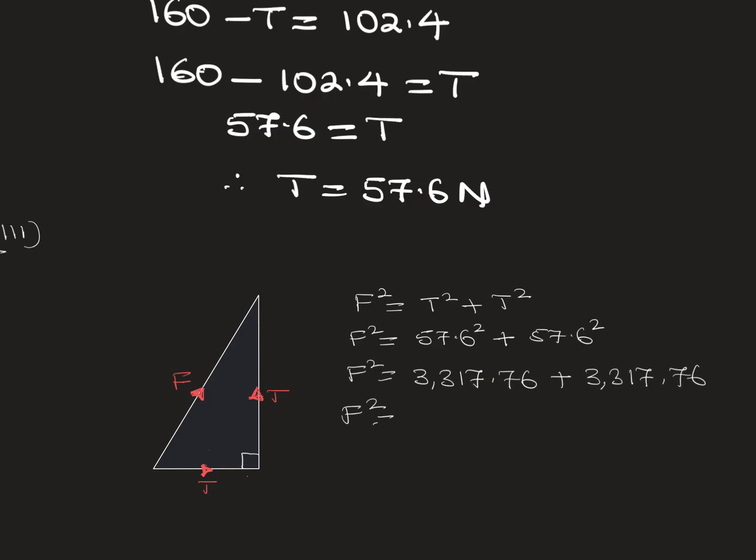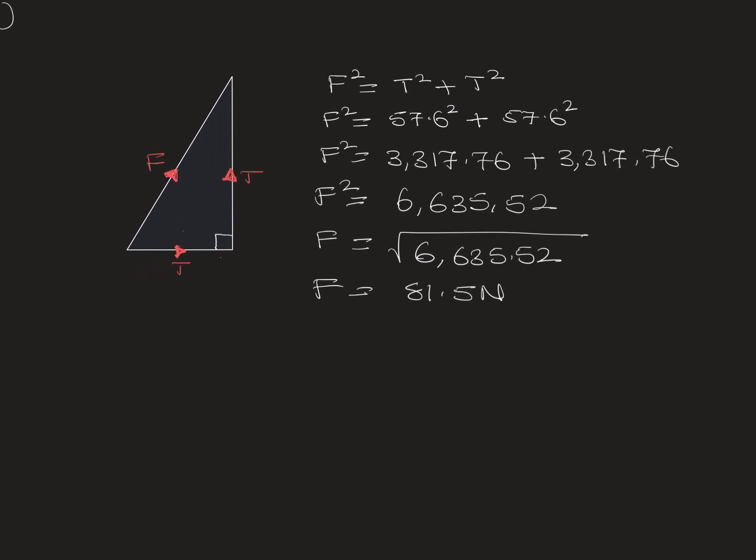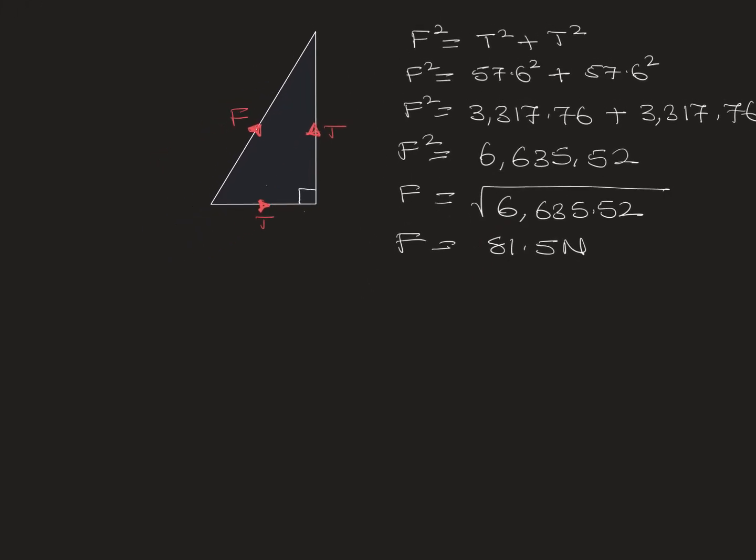So F squared is equal to 6635.52. To find F, we take the square root of 6635.52, then F is equal to 81.5 newtons.